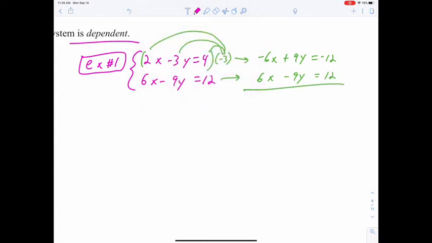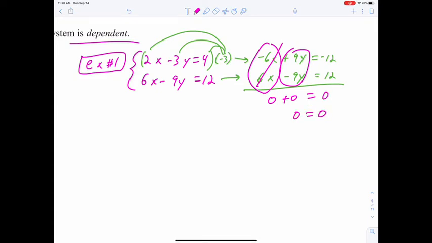Notice what happens when we add straight down. Negative 6x plus 6x, gone, right? They're eliminated, so that's a 0. But look what else happens. Positive 9y, negative 9y, that's also a 0. And also, negative 12 plus 12 is 0. So we get 0 equals 0.